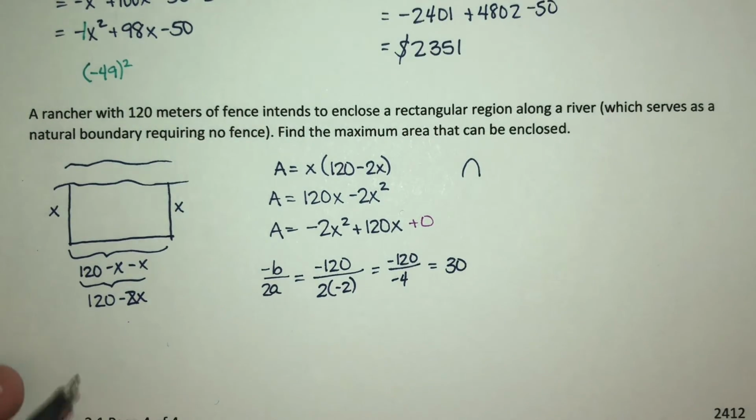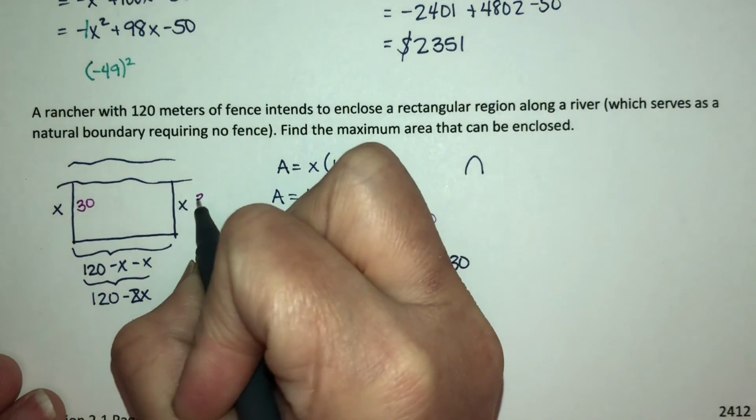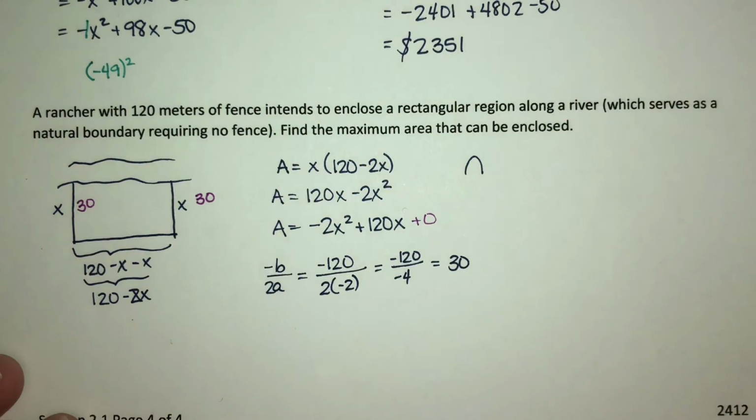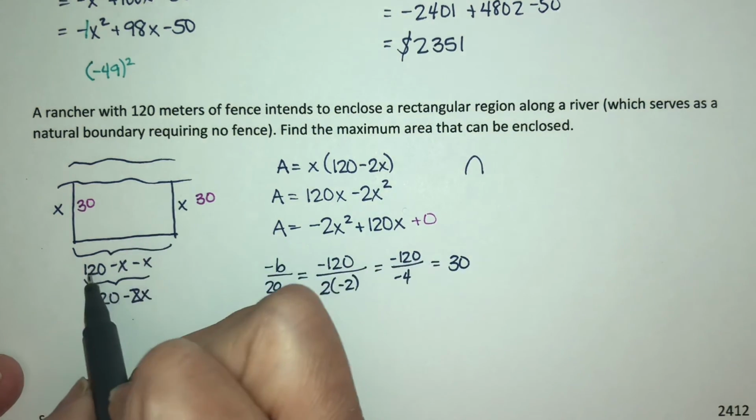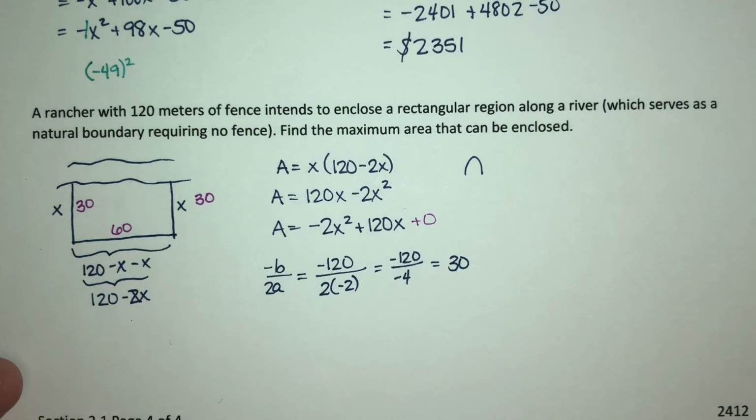So that means that if this side is 30, which means this side is also 30, then we have maximized our area. So this would be 120 minus 60. So that would be 60. So the dimensions of our enclosure will be 30 by 60.